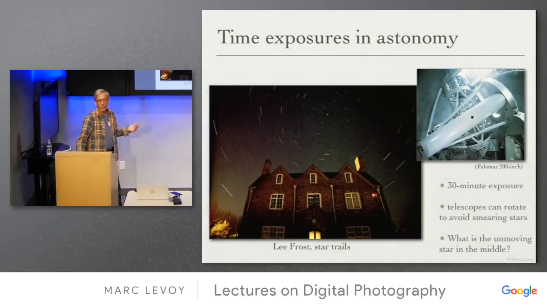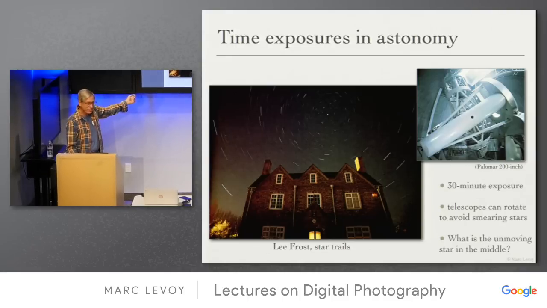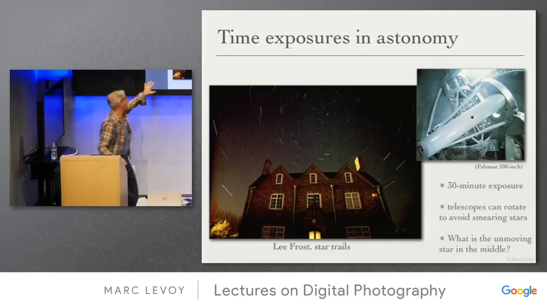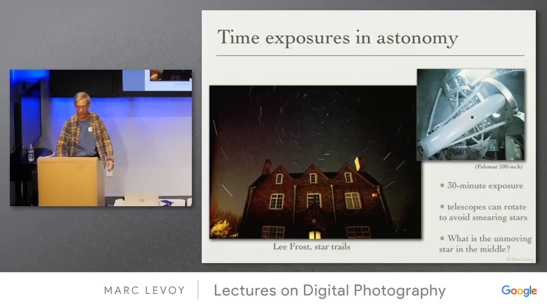So, more conventional long exposures. There's a 30-second exposure, a 30-minute exposure. The stars rotate. Except for Florian, what is the non-moving star in the middle? Polaris, the North Star. So if you want to not have the stars rotate, you can build an equatorial mount for your camera or telescope.